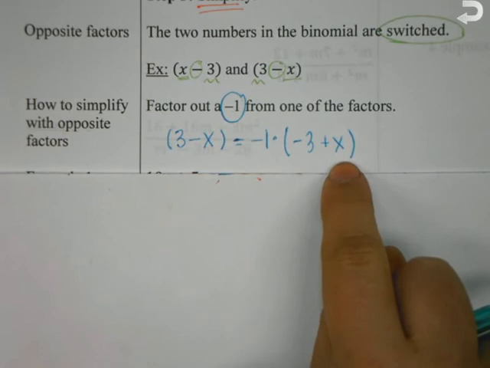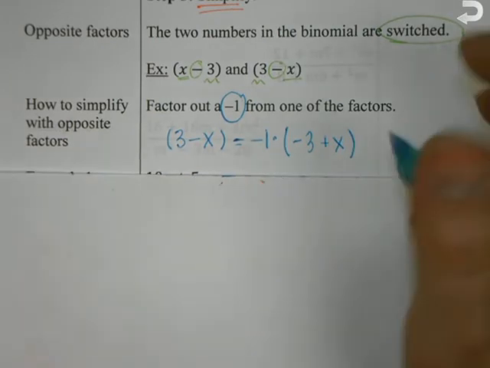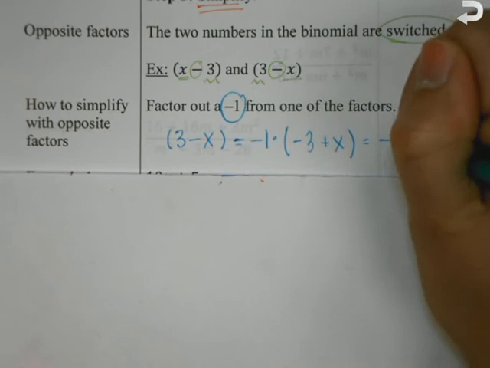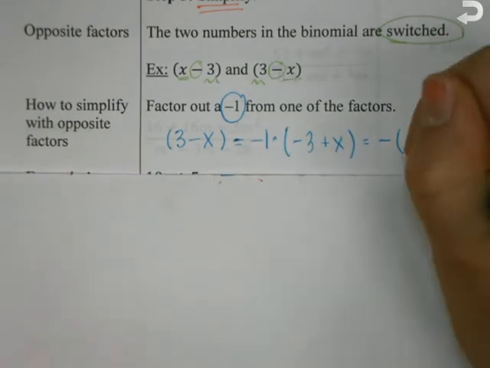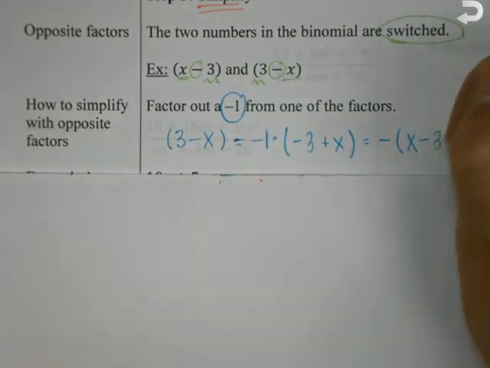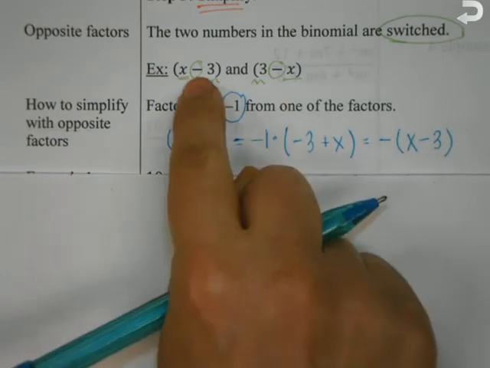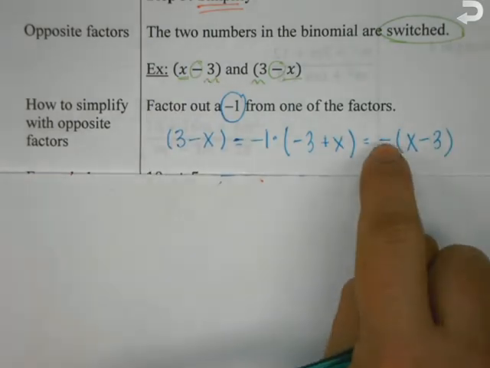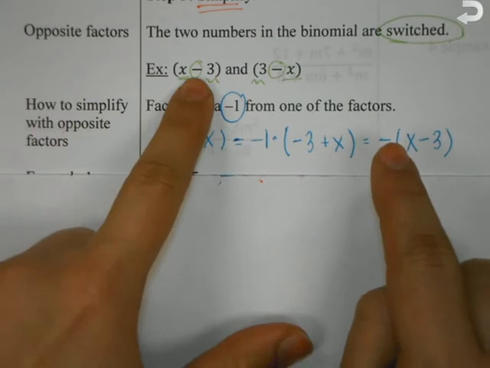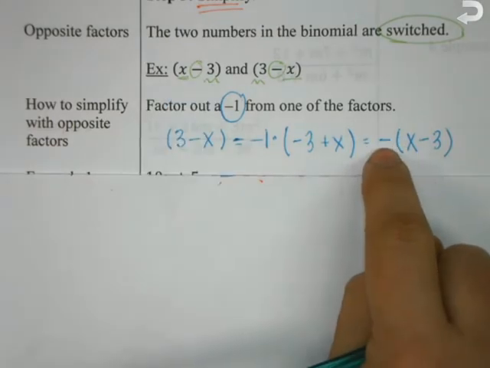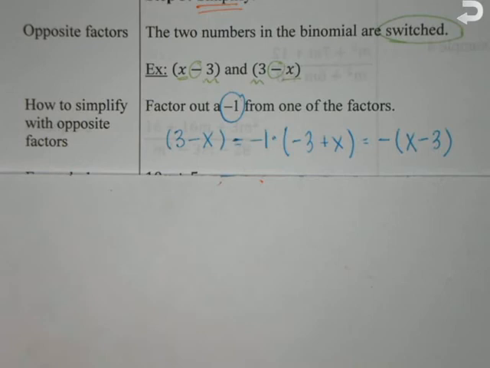And with addition, can I flip-flop things around? Yeah, so this is the same as negative, because remember I don't have to write the negative 1, x minus 3. Now does it look like the other one? Yeah, the only thing that's different is the negative. That's why these are called opposite factors, because one is positive and one is negative. We are going to be using this in some examples today.